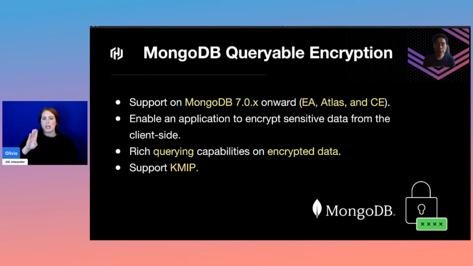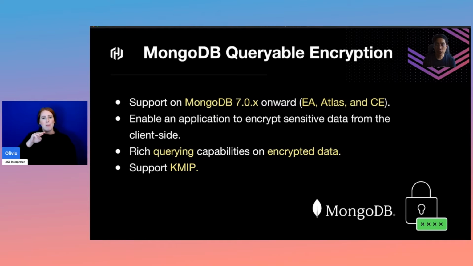Okay, the next one, as we talk about MongoDB queryable encryption. MongoDB is a database that you can use for many objectives. MongoDB has the Enterprise Advanced license, Atlas, and Community Edition. Atlas provides a free tier and Community Edition is free to use.